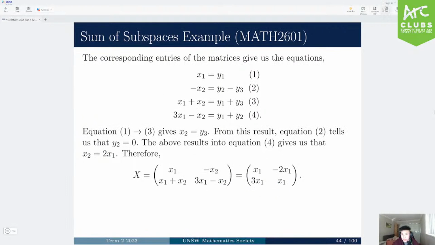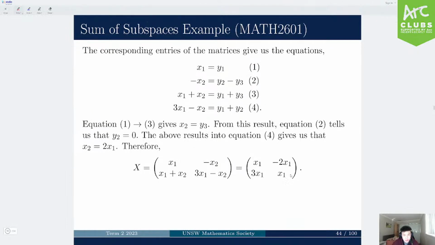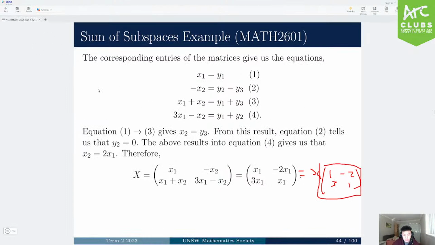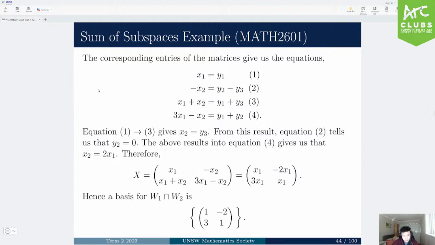That means we can rewrite this as x1 multiplied by 1, minus 2, 3, 1. So the intersection of W1 and W2 is spanned by this matrix here. It's going to be the span of that matrix, and hence a basis is just going to be 1, minus 2, 3, and 1.